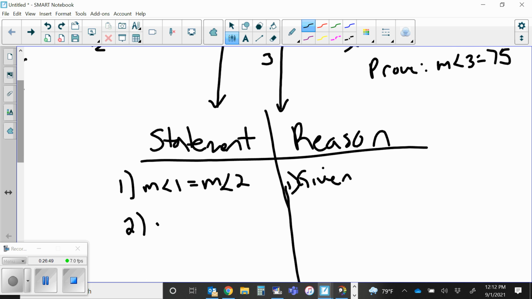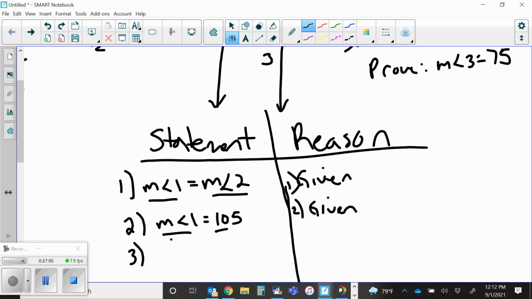So then you also know that the measure of angle 1 is equal to what? And why do we know that? Do you see what I was saying to you now, Brody? Now you can make the jump. Because 1 equals 2, and because we've established that 1 is 105, you can tell me the measure of angle 2 is equal to, and what is that reason?